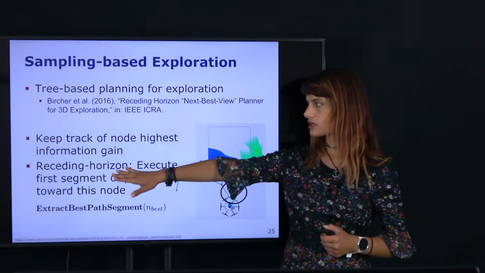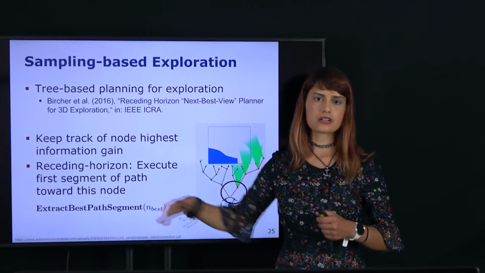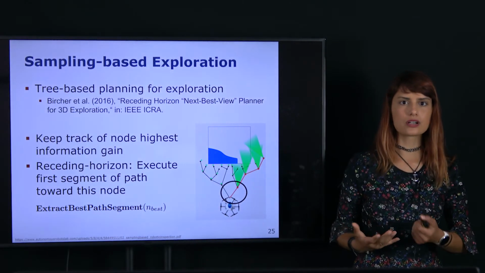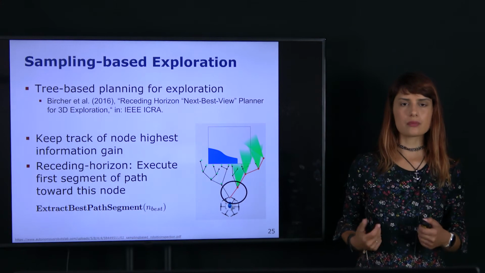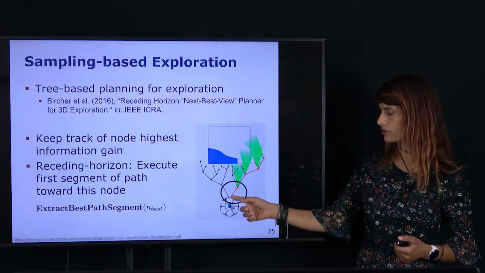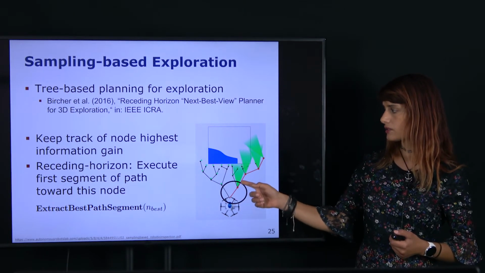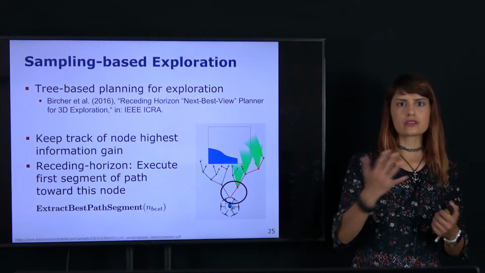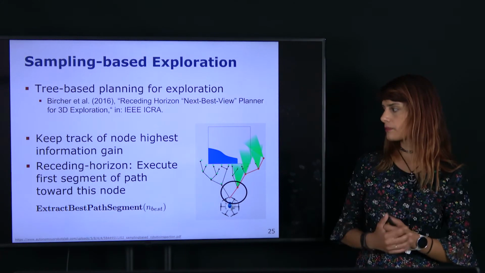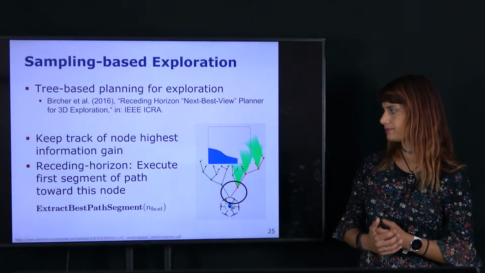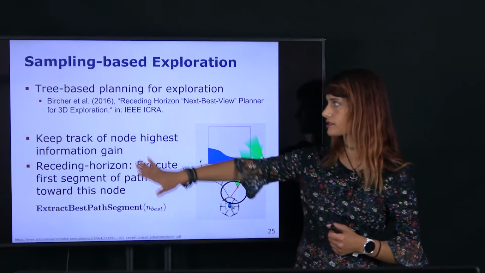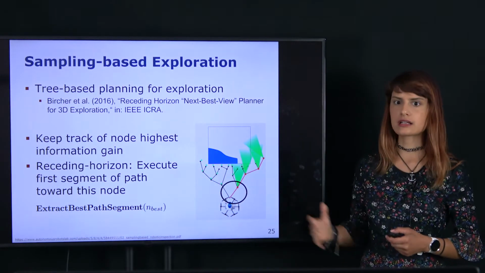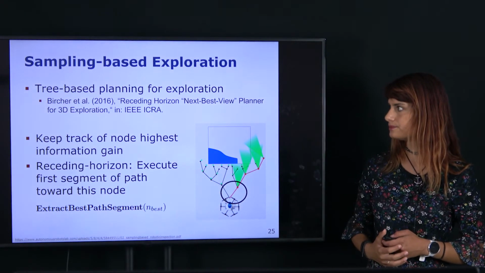So this receding horizon behavior is important because the robot is actively exploring and gaining new information about the map. So every time it takes an action, it will stop and recompute the next best promising action given the current incoming measurements. So this is the tree-based exploration planner and how it works in practice.